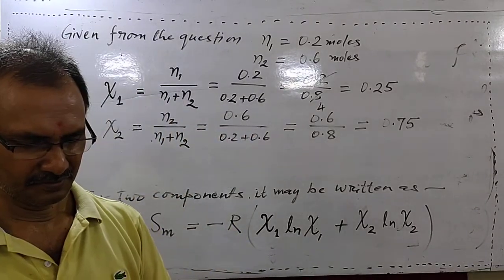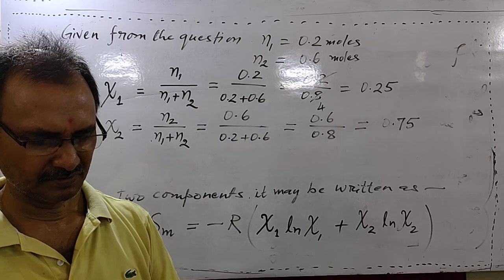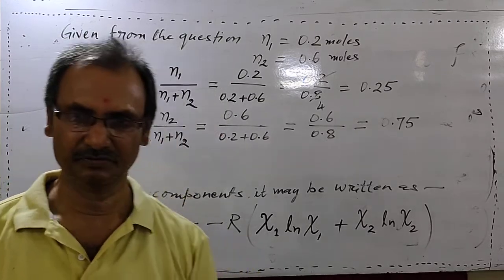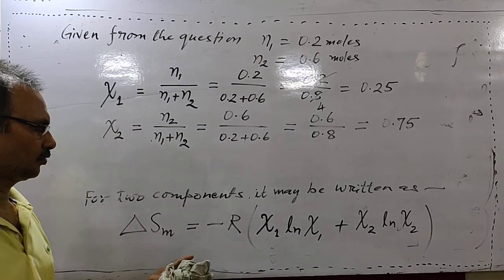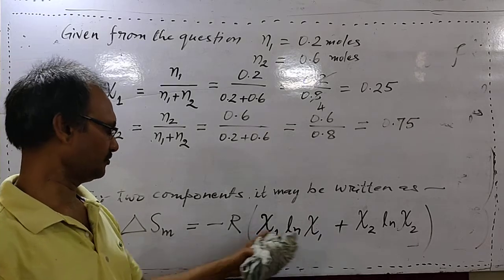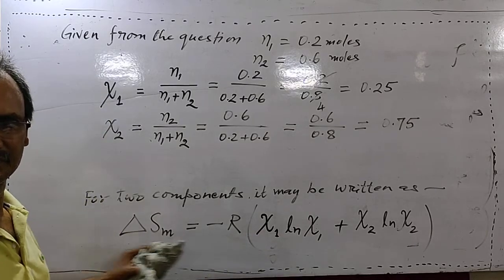Now put these values of chi_1 and chi_2 in this equation.